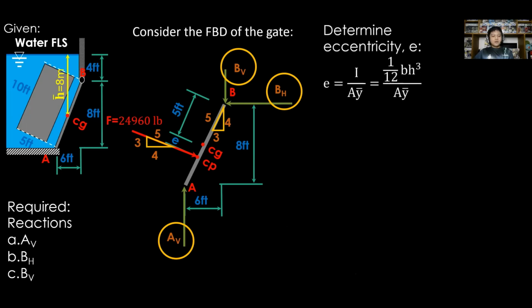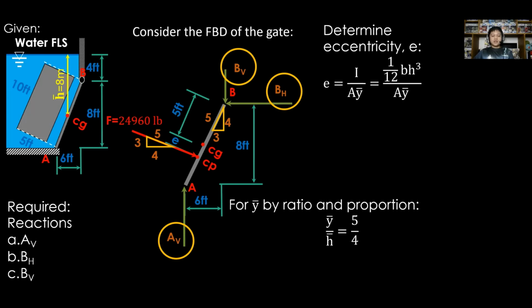Next is to determine the value of eccentricity E, where E is equal to 1 over 12 times b times h raised to 3 all over A times y bar. For y bar, using ratio and proportion, since we have the component ratio value that is 3, 4, and 5, and this is associated to the h bar.